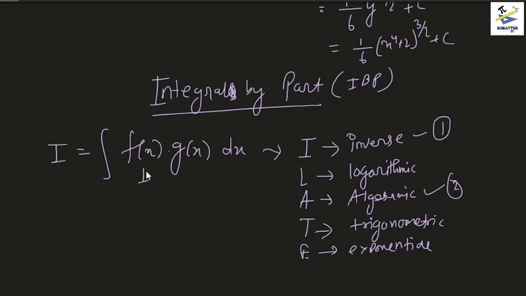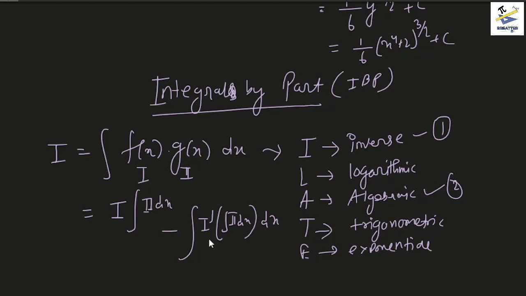So let us name here f(x) as function 1 and g(x) as function 2. Then what it gives you is function 1 directly comes out into integral of function 2 dx, minus integral of derivative of function 1 into integral of function 2 dx, and the integration of this whole.